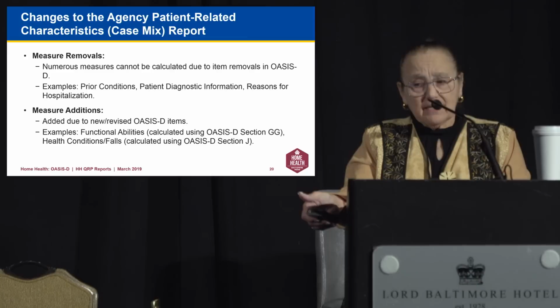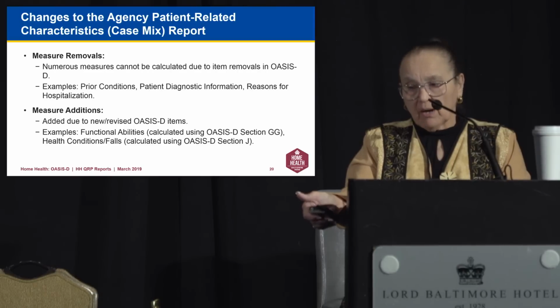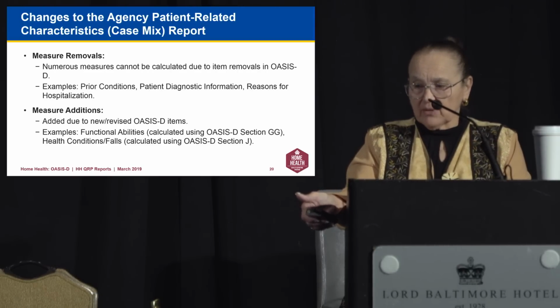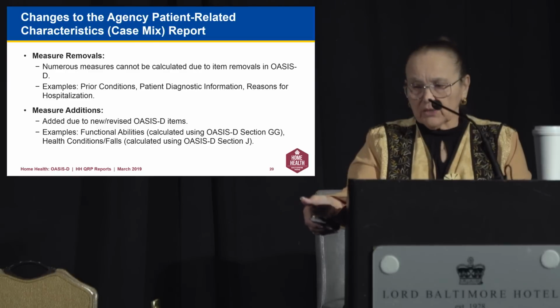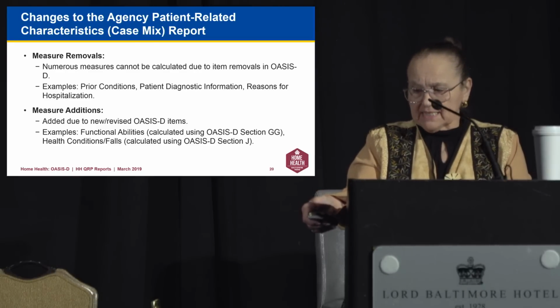On the other side, there were some things that were added because of the new or the revised OASIS items. For example, the functional abilities are now calculated using the OASIS-D Section GG, and health conditions and falls will include data from OASIS-D Section J.